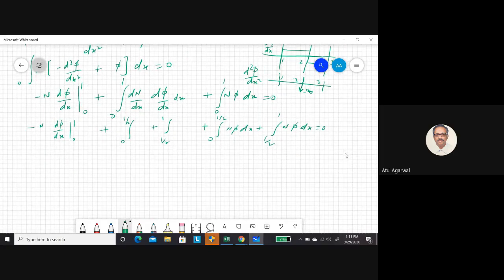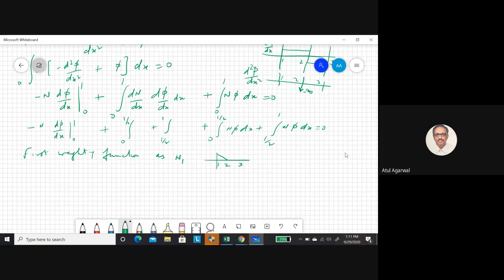So we take our first weighting function as N1. You see, what is our N1? This is our N1.